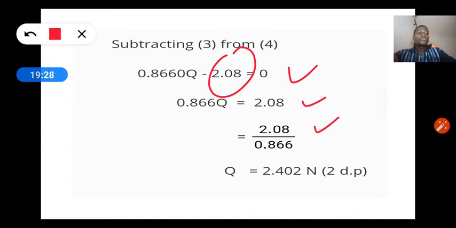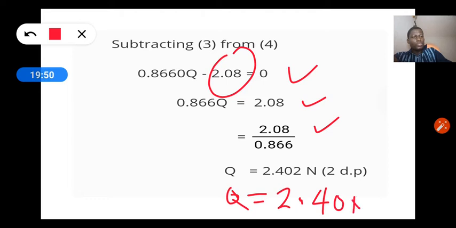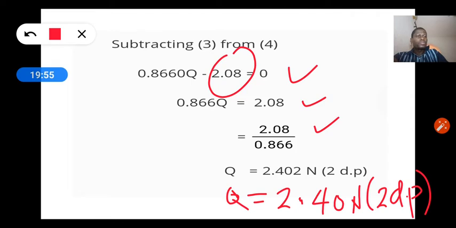So my Q becomes 2.402. The answer is actually supposed to be Q equals 2.40 newtons if we go by 2 decimal places. So that's what our answer is supposed to be.